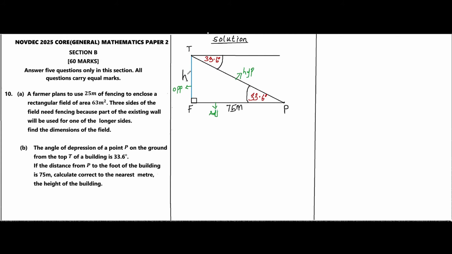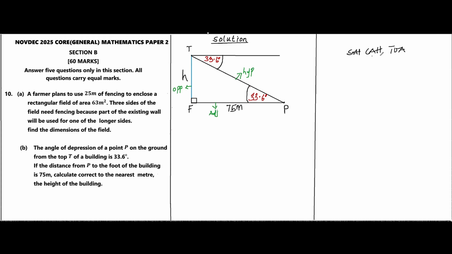So we are looking for H. So let's refer to SOHCAHTOA. Again, from the right angle triangle, we are looking for H, which is the opposite. We know the length of the adjacent.